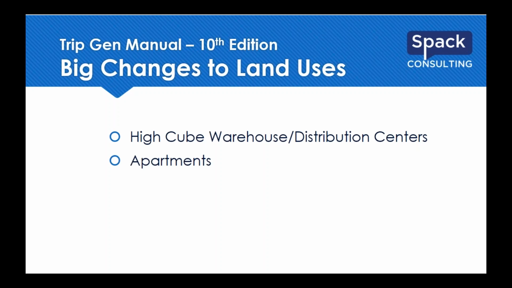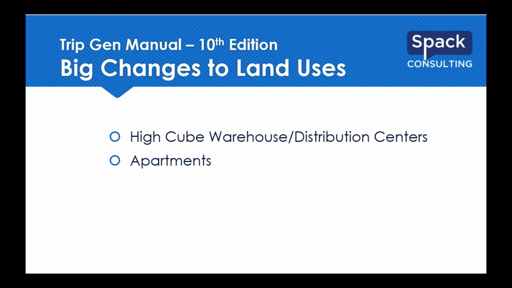Next one is apartments, where ITE has gone into more slicing. Is it low level, mid level, and then along with the location types, you can really start to drill down to a high-rise, 10 or more floor apartment building in an urban core. Again, combined, the two are great for this land use, but it's completely different than what was in the 9th edition.